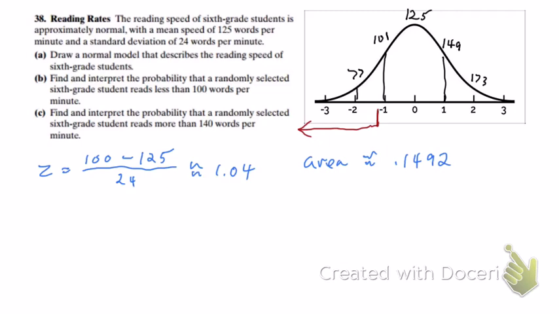Look at C. The probability a randomly selected 6th grade student reads more than 140. Okay, so we revise this. More than 140, it's going to be from about in here someplace. This is to the right. So find the z-score.